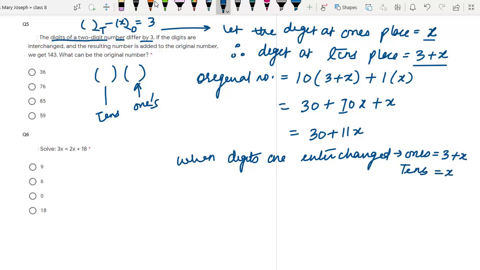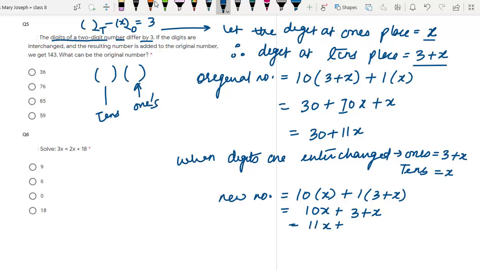So now the new number will be given by 10 into x plus 1 into 3 plus x, that is 10x plus 3 plus x, that is 11x plus 3. So this is the new number after interchanging and this is the original number.